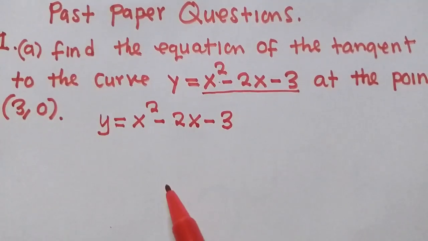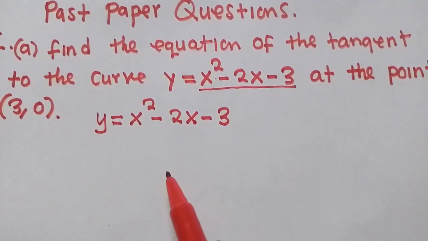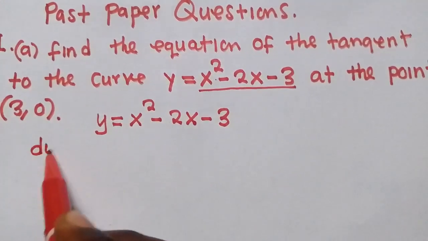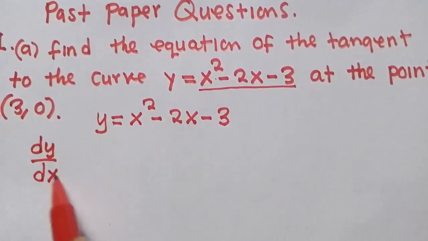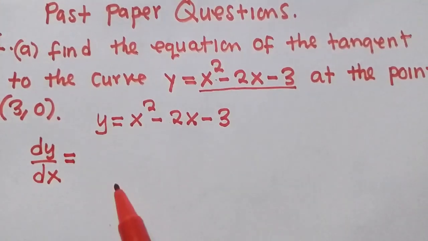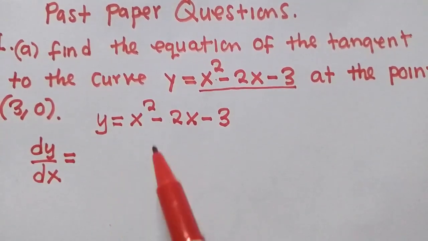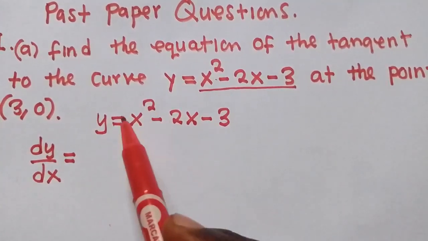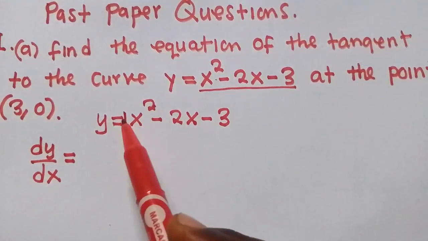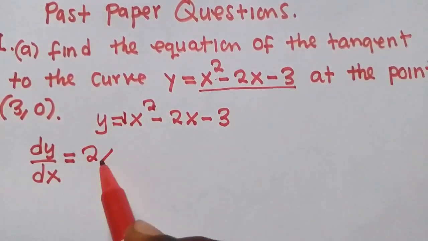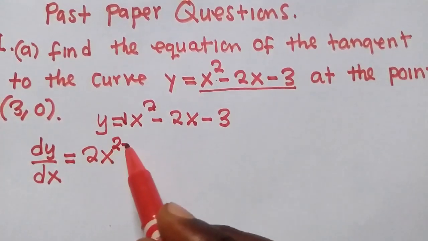So what's the first thing? You differentiate. We are going to say dy dx is equal to, you know the formula that we get to use, which is n a x to the n minus 1, where we multiply the power times the coefficient. 2 times 1, it is 2x, then 2, you say minus 1.